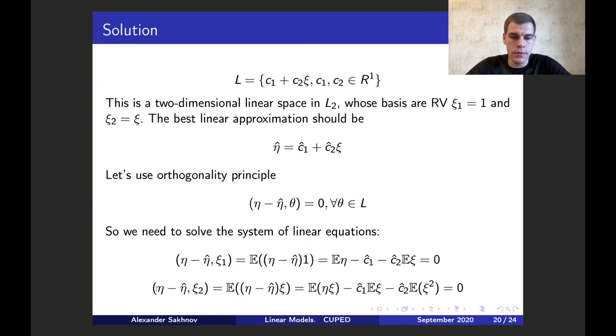And the next one is the same. The height is orthogonal to the second random variable that is equal to xi. Open the braces and let's say that it's equal to 0. And we have two equations with two unknown parameters. So it's just a simple system of linear equations that can be solved any way you like.